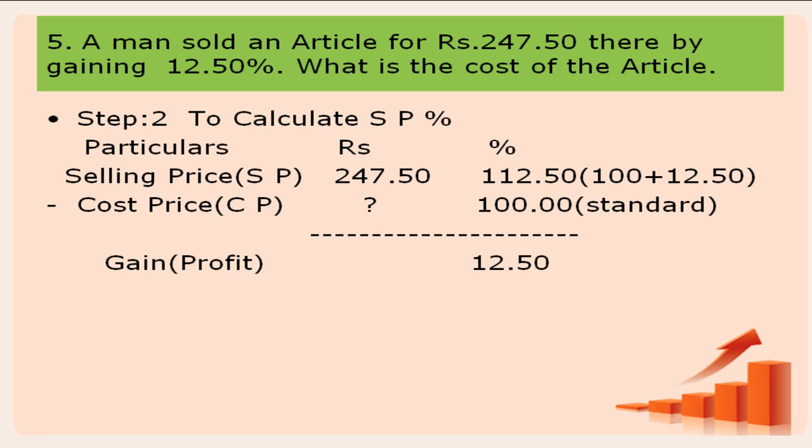Selling price percentage is equal to cost price percentage plus profit percentage, that is equal to 100 plus 12.50, that is equal to 112.50. So selling price in rupees is 247.50, selling price in percentage is 112.50. Now we are going for the next step.